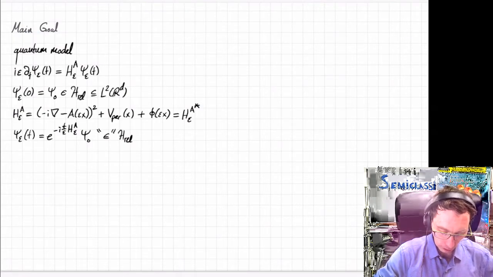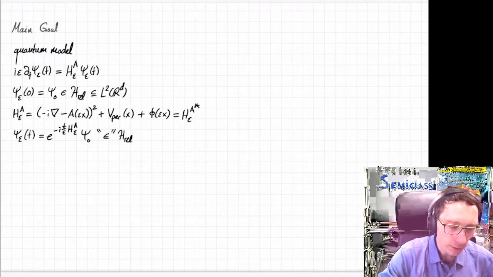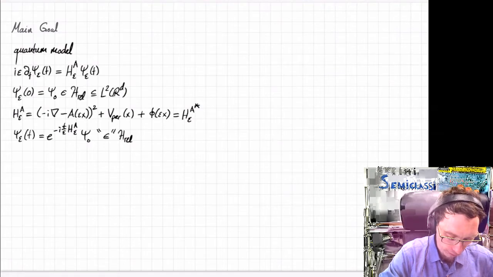So just to write down the connection between the fields and the potentials.